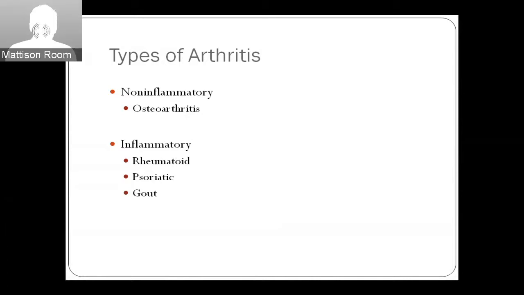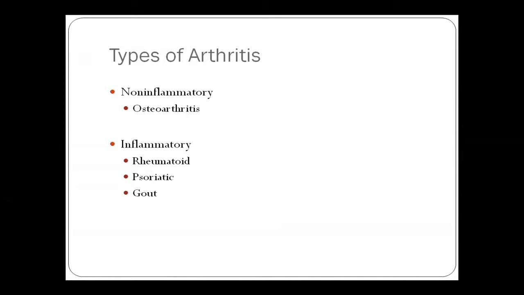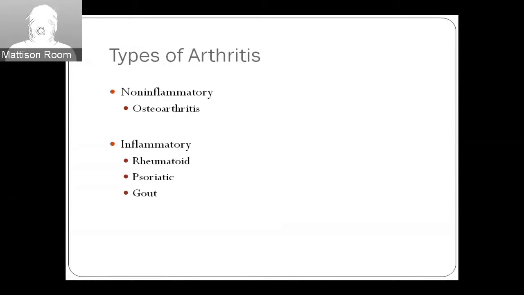The non-inflammatory is your osteoarthritis. The problem with describing it this way is that it gets confusing, because arthritis can cause inflammation, so it's really not non-inflammatory. But how they name them is based on what causes the destruction of the joint.